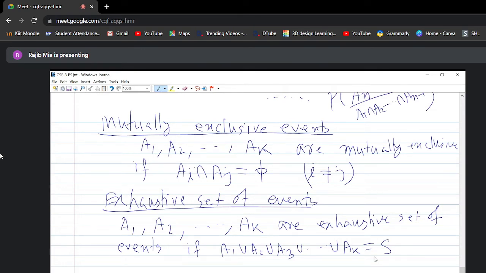If one set is all the even numbers and the other set is all the odd numbers, then it is exhaustive. Yes, because if we take the union of odd numbers and even numbers, then we get the whole set, that is 1, 2, 3, 4, 5, 6. That is the sample space S. So for a random experiment of rolling a dice, if you define two events, A is an even number and B an odd number, then these two events A and B are mutually exclusive events as well as an exhaustive set of events.